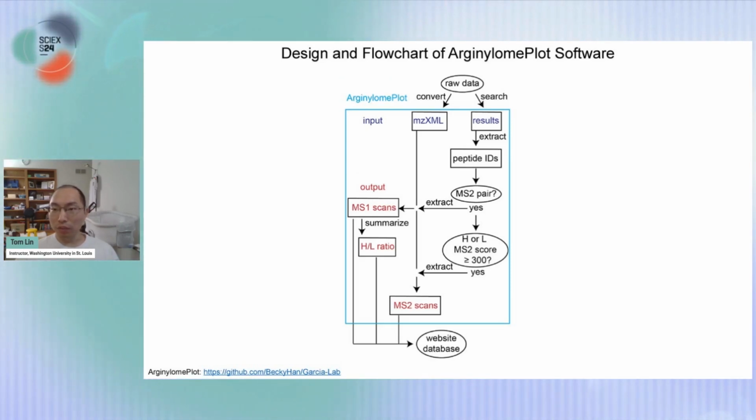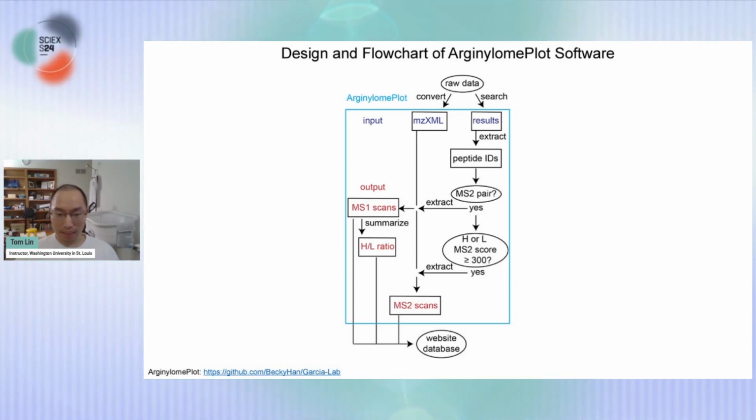And then we search for the results and the peptide IDs. If we find the MS2 pair, then the software will go to the mzXML file to extract all the paired MS1 scans. All the MS1 scans will be summarized into the heavy to light ratio, and the relevant MS2 scans will also be exported for the database index.